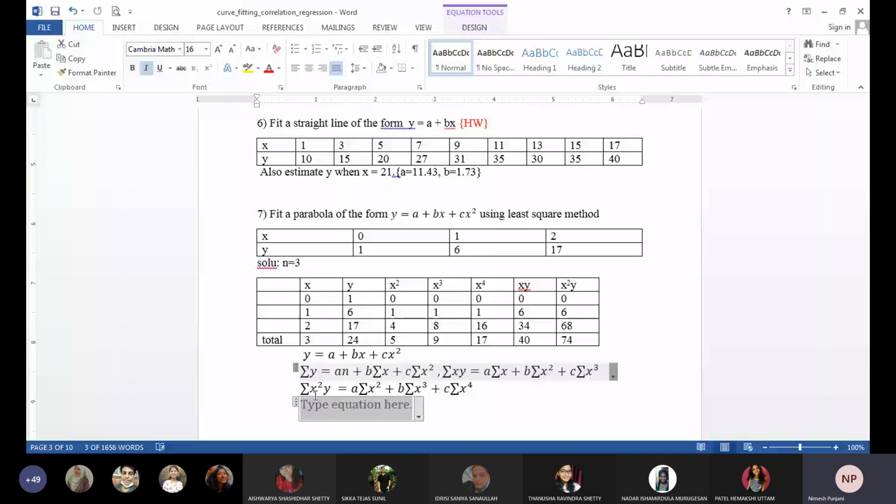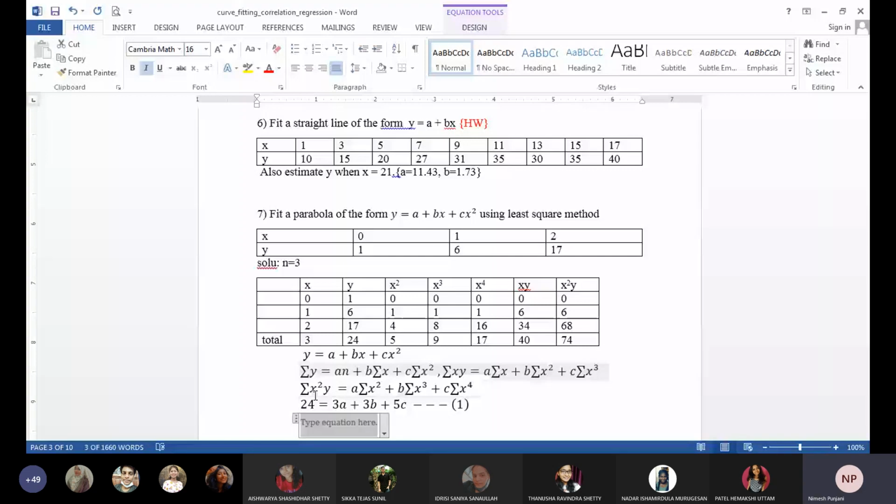Okay. Now we will substitute the values and we will get three equations. So summation y is 24, 3a into n. This is the first equation which we get.